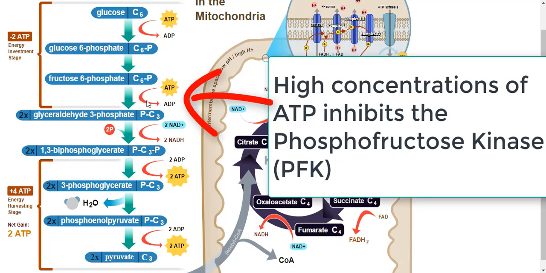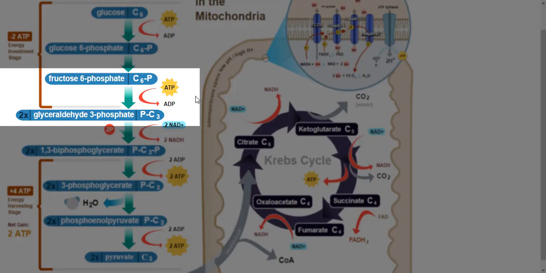And this PFK enzyme, when ATP binds to it at high concentrations, it actually inhibits the enzyme. So it has this feedback inhibition where more ATP that's generated, it really shuts down this biochemical pathway.